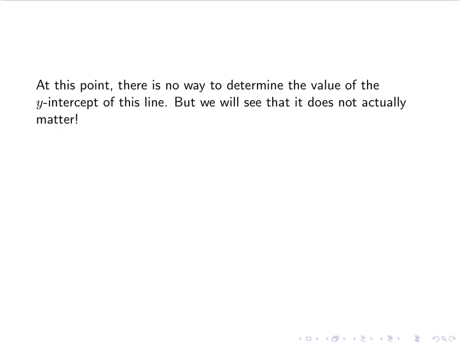At this point, there is no way to determine the value of b, which comes from the y-intercept of the line. But luckily, we're going to see it doesn't matter. If I want capital F of 7 minus capital F of 3, that's going to be 2 times 7 plus b minus 2 times 3 plus b.